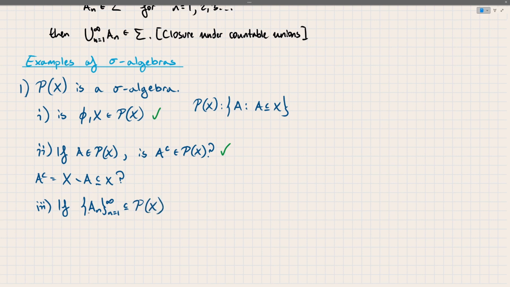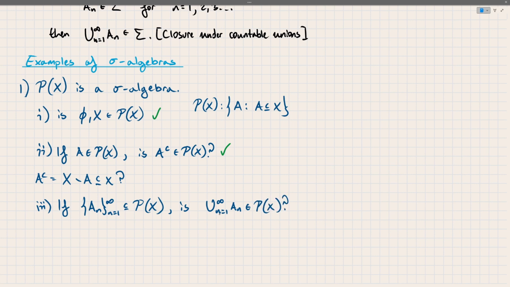Because you can view this as a set. This is a collection of sets. And this is a collection of sets. So I can talk about a collection of sets being a subset of another collection of sets. So if we have a sequence in P of X, is the union of these sets an element of the power set of X?